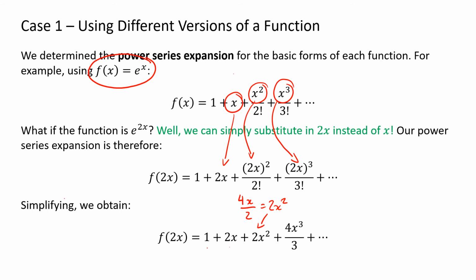Okay, it's a bad 2. Let me fix it. Our last term, we have 2x cubed. That's the same as 8x cubed, because 2 cubed is 8, divided by 3 factorial, which is 6. So that simplifies to 4x cubed over 3, which you can see is the term written here.